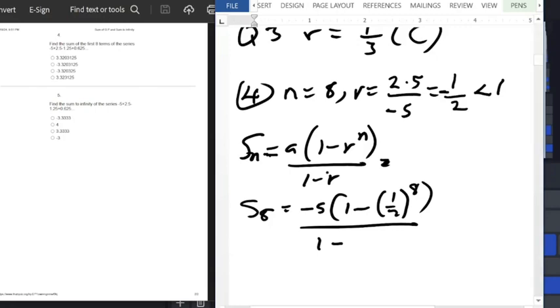So we now have S8 equals minus 5 into 1 minus half, then all over 1 minus half.